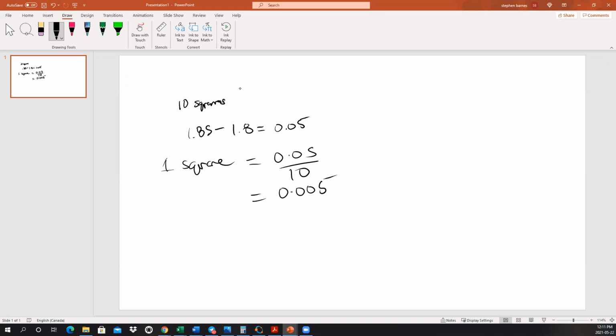So when you put two squares together now, you add these two. Two squares.